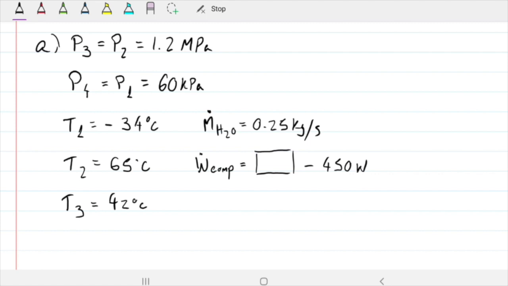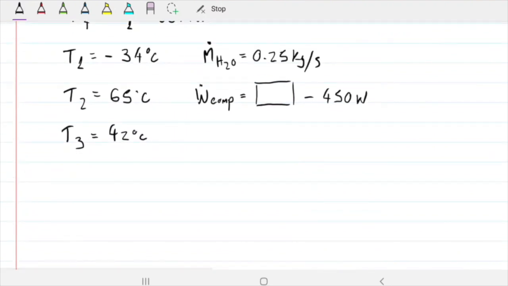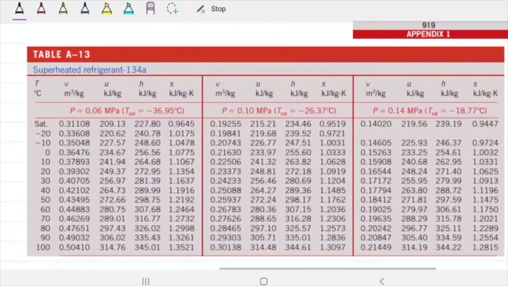Okay, so let's define each of the states so that we can start solving this problem. And as we do that, we're going to find out the quality, which is the first part. Okay, so my state number 1, we have two things for state number 1. We know the 60 kilopascals. We also know the temperature, which is -34 Celsius. Okay, so I'm going to do the first one with you guys, and then the next ones I'll just skip this part, because we're going to do table.